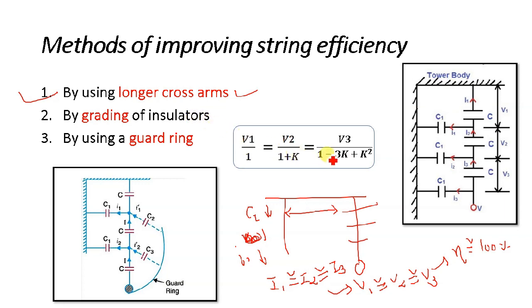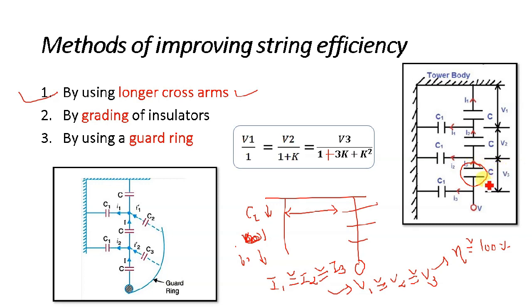Again here I have to make 1 plus 3k. Here you can see V1, V2 and the relationship with V3, in case the shunt capacitance is there. By grading the insulators in such a way that the disk nearest to the conductor has the higher voltage level.